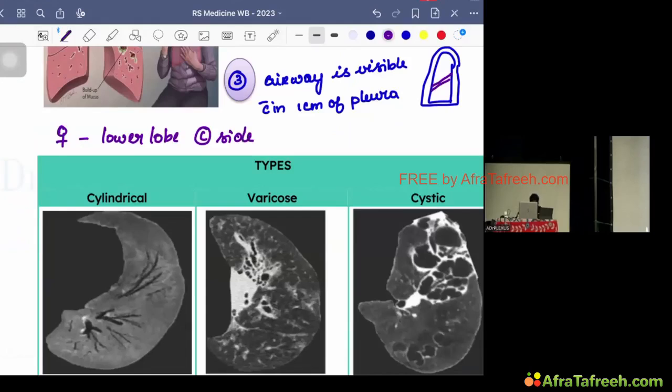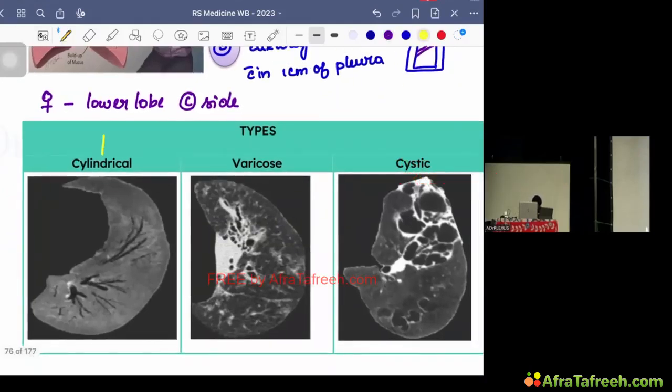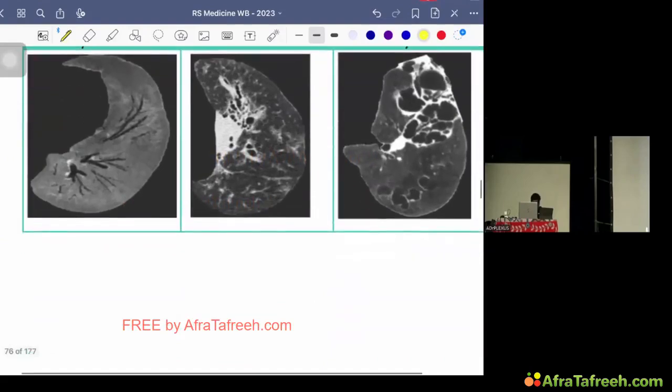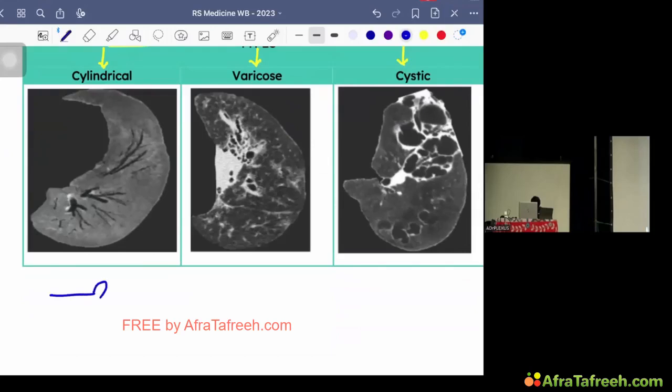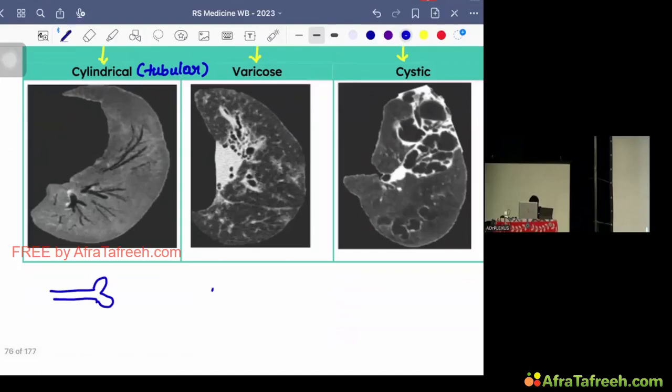If you take bronchiectasis, there are three types. One is cylindrical type, which means the airway is cylindrical or tubular in type. Then the second is varicose type, which looks like this.